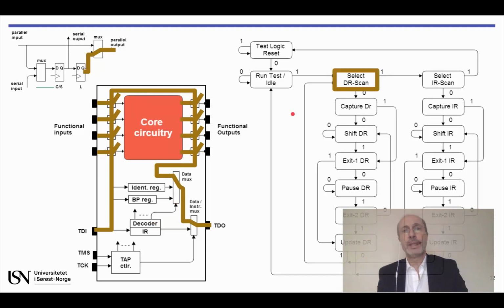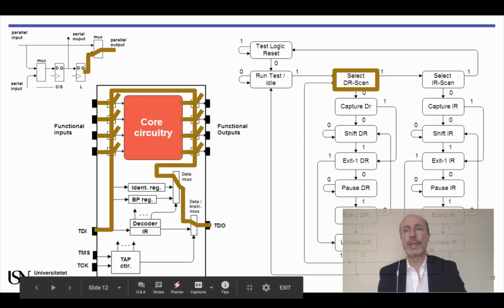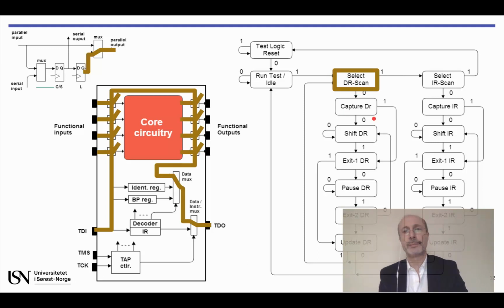If we now want to shift in any given test vector, we must go from update instruction register into select data register scan, and from there continue on to shift data register. So from select data register scan, we must drive TMS to 0 in order to move to capture data register, where all the multiplexers in the capture shift stage will select the parallel input of the boundary scan cells as shown up on the left.